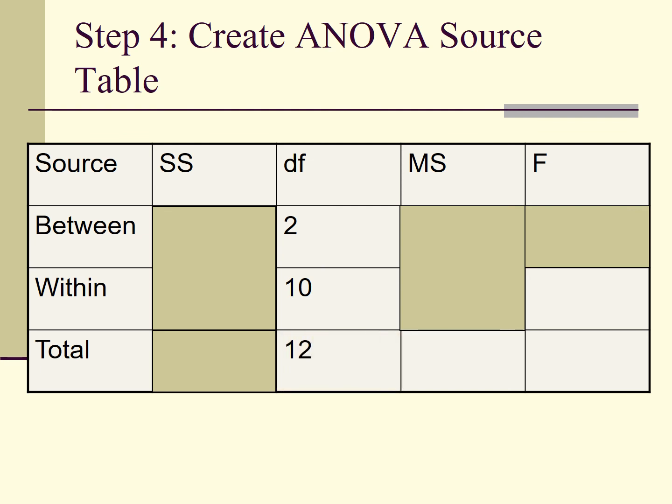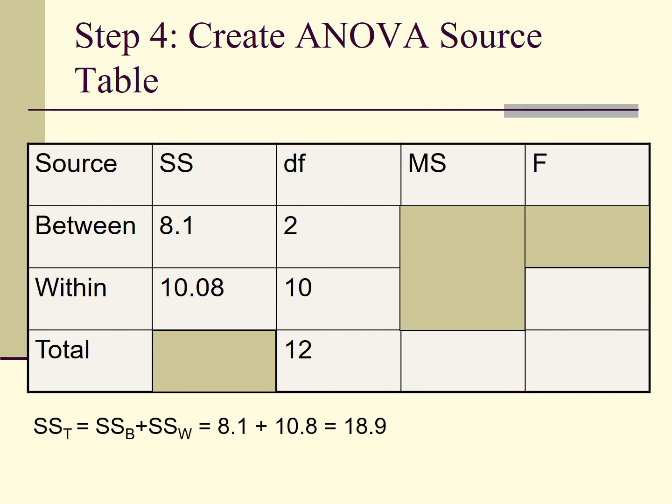The total DF is 2 plus 10, which is 12. The SS between is 8.1, SS within is 10.8. So the total sum of squares equals SS between plus SS within, which is 18.9.